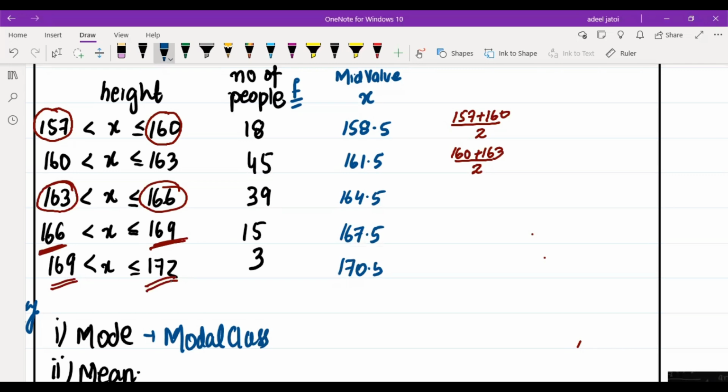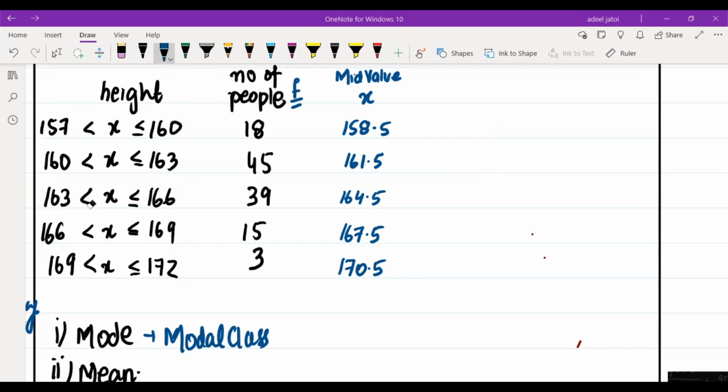Now, this is your value of x. You don't need this working; you can do it directly, considering your lower value and your upper value, and dividing by 2. Now, let's multiply. You need to have fx as well. And how do you get fx?